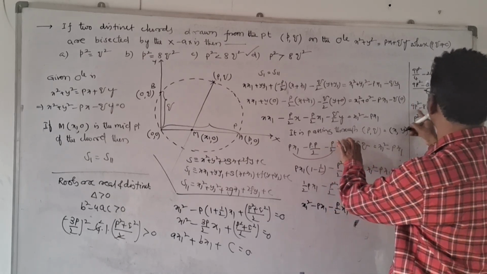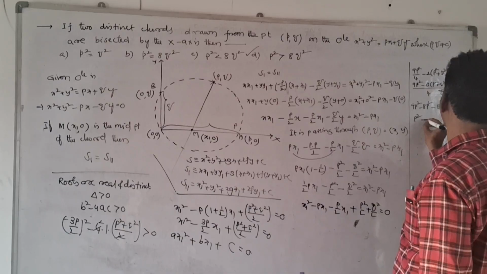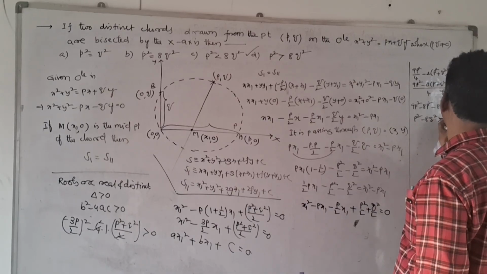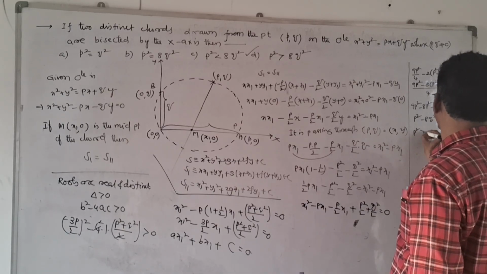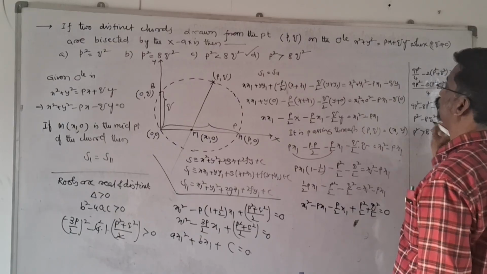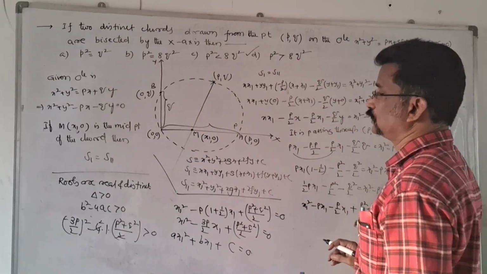So 9 minus 8 p square minus 8q square greater than 0, so p square greater than 8q square. So the fourth option is correct.